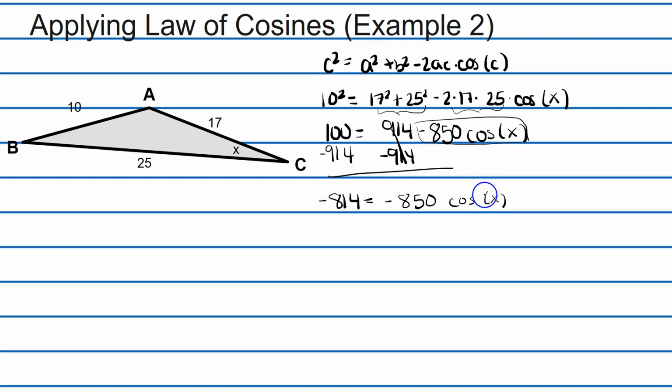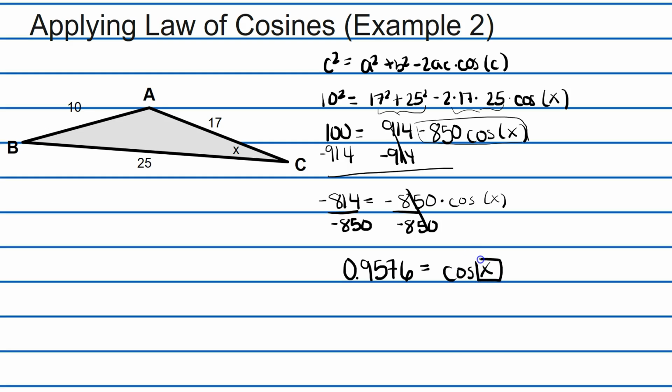Alright, so with that we can divide both sides by negative 850, because that's opposite multiplication. That becomes 1. Then we put this in the calculator, 0.9576, which is equal to cosine of x.